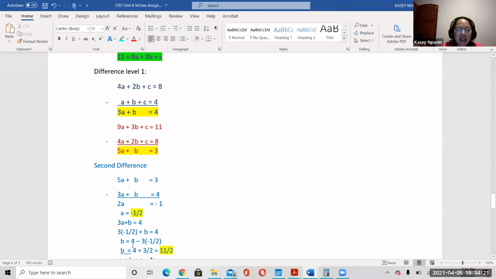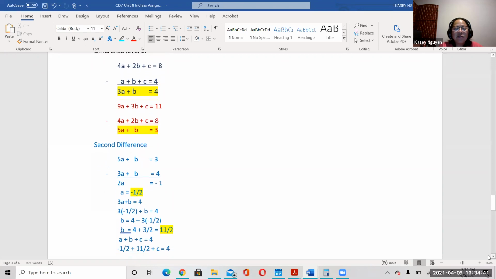After I plug everything in, multiply it, and then subtract it or add it, right? Because negative with the negative is positive. So I have 11/2 for b. Now I have a and b, then I would plug it back into the ABC equation to solve for c. So I have a is -1/2 plus b is 11/2 plus c equal to 4, right?